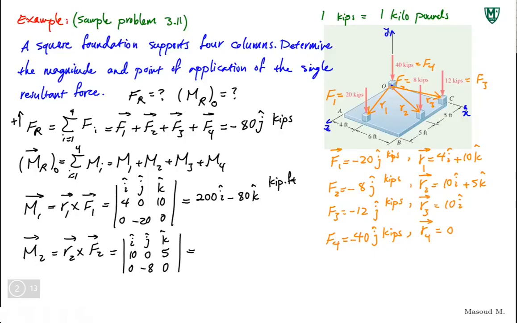So if you do that, all right, I skipped that part. Hopefully by now you're comfortable doing it either by hand or, as I suggested, I prefer you doing it by your calculator, or whichever method you think you're faster. That will give you 40i minus 80k. Again, kip feet.